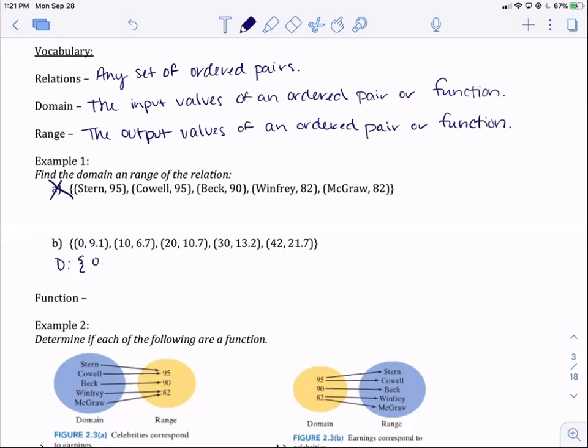So we have 0, 10, 20, 30, 42. And then our range is our y values. So 9.1, 6.7, 10.7, 13.2, 21.7.